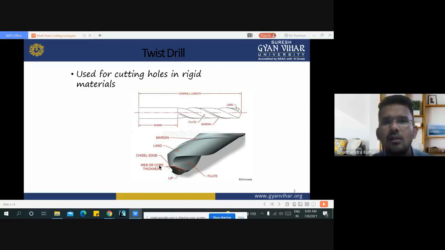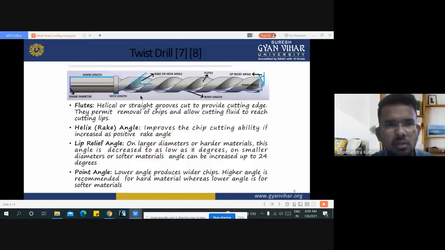Here are the overall parts of the twist drill, like shank diameter and shank length. We have seen that in a single point cutting tool, the shank is one part and the face is another part. On the face, there are many angles for the purpose of cutting.